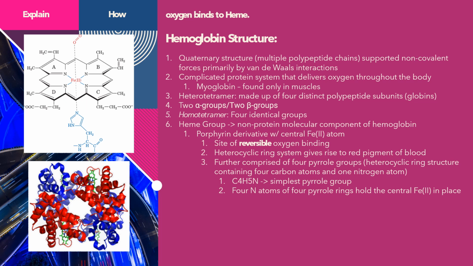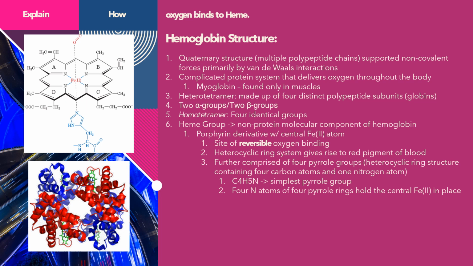What makes that different from a homotetramer is that instead of 4 identical groups of these helices, you have 4 distinct polypeptide subunits, 2 alpha, which would be the 2 red ones here, and 2 beta, which would be the blue helices there.